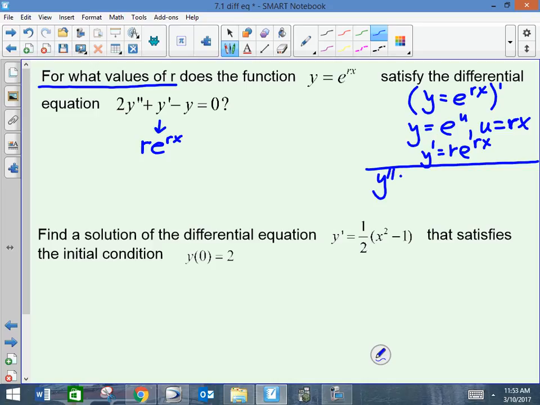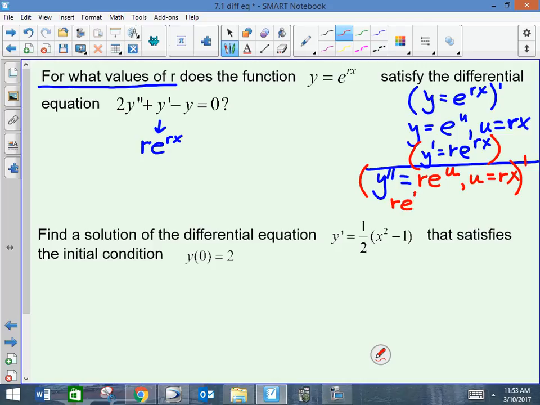All right. So that means we got to find the derivative of that. R is a constant. So that's r e to the u again, right? Where u equals rx. So r is a constant, just hang around. What's the derivative of u?